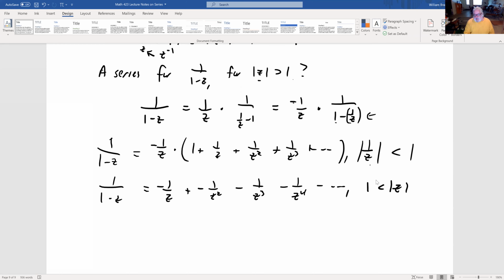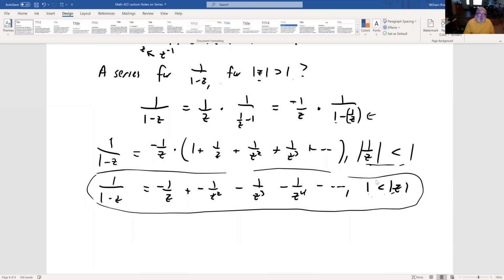Multiply both sides by the modulus of z here, and you get 1 less than the modulus of z. So this series is a Laurent series, and it converges for modulus of z bigger than 1.